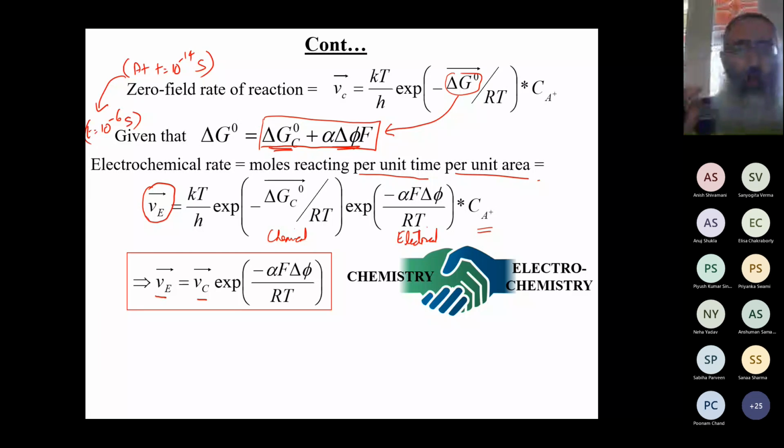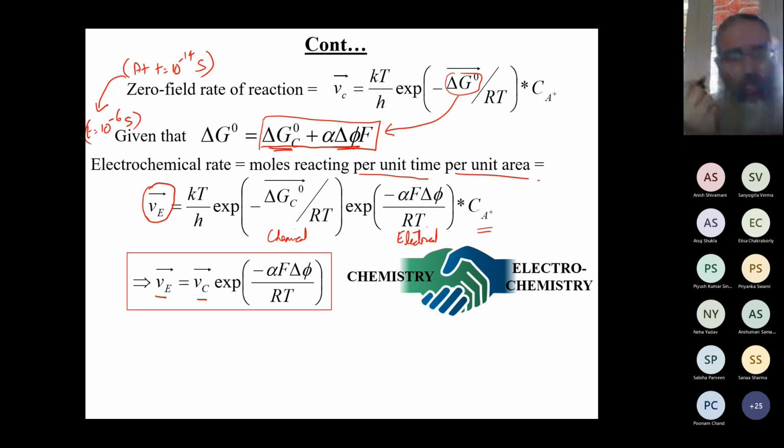Here we have now got to that kind of situation where we are marrying the chemistry with the electrochemistry. The chemical rate constant and the electrochemical rate constant are now completely connected with each other, through a very strong bond.